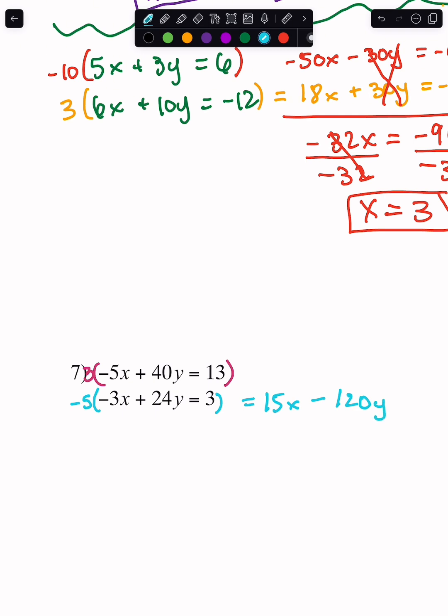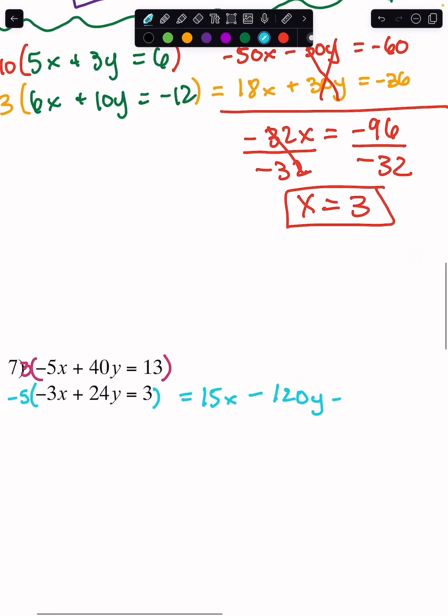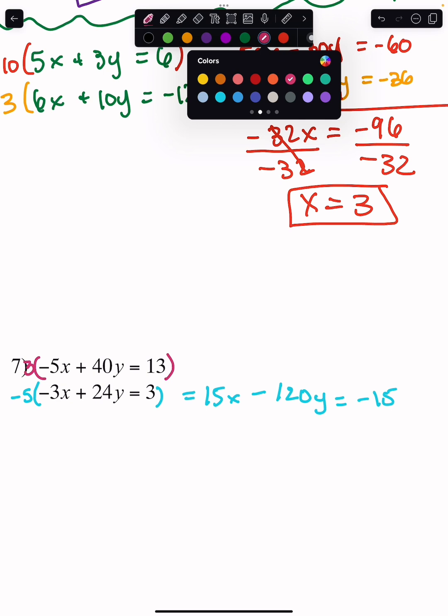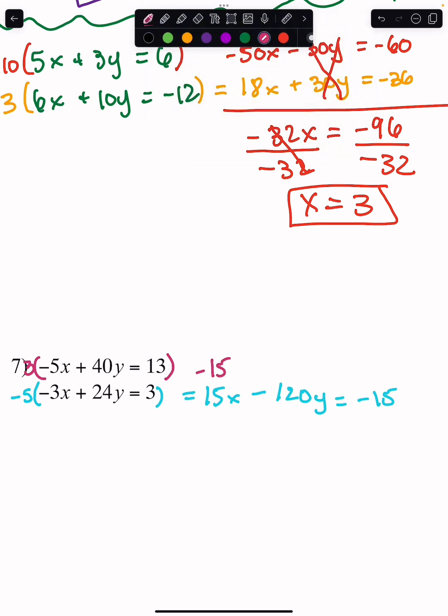Sorry, 3 times -5 is -15. So let's go back and do that one. 3 times 40 is +120. And then 3 times 13 is 39.